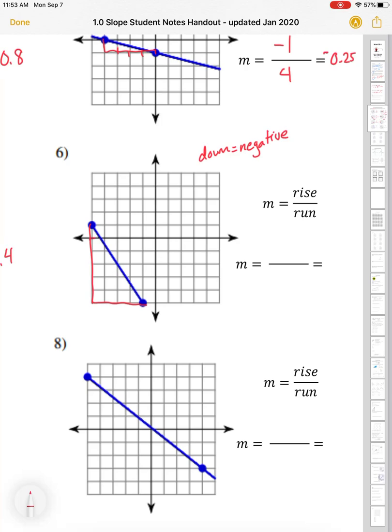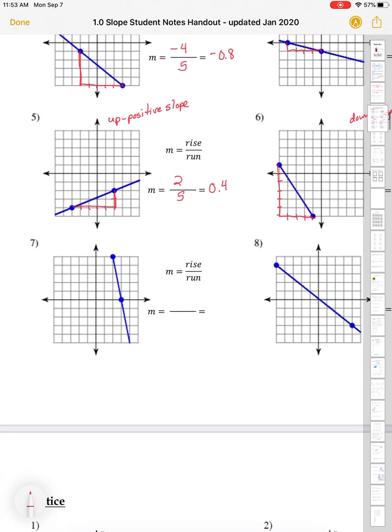It goes down 1, 2, 3, 4, 5, 6, and goes over 1, 2, 3, 4. Since it goes down, I'll put my 6 in as negative. 6 divided by 4 is 1.5, so that'll be a negative 1.5.